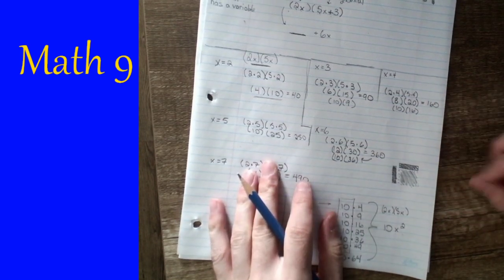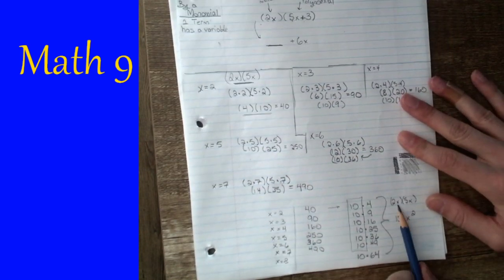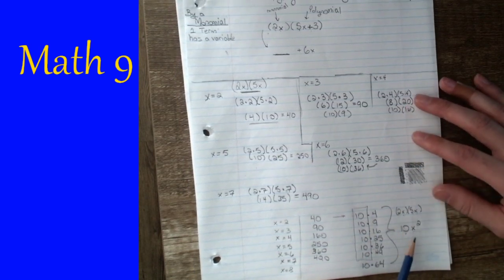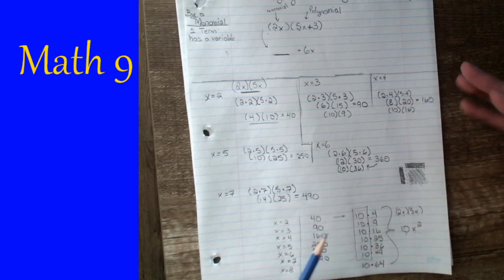And so that's how it works: x multiplied by x gives me x squared. Then we just take our coefficients in front and multiply those together. So altogether, 2x multiplied by 5x turns out to be 2 times 5 is 10, and x times x is x squared.